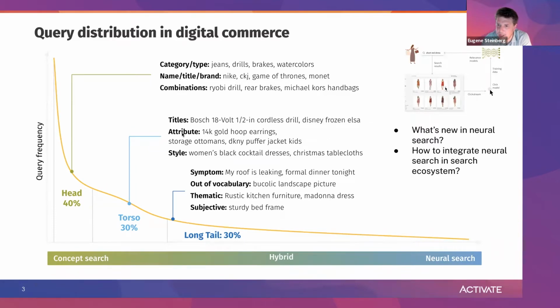We are going to talk today about neural search specifically. We will talk about what is new in the space of neural search, and most importantly, once you have implemented your first neural search service, how to integrate it in a non-disruptive way into a working search ecosystem.